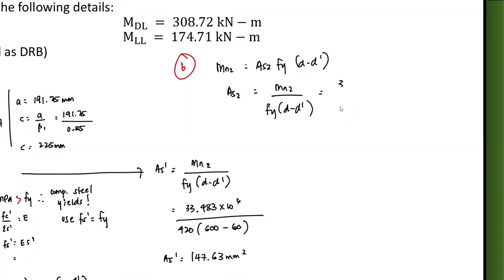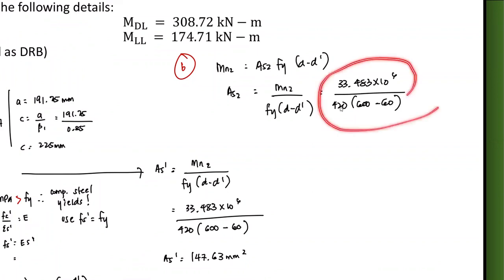So, we have the same value, 33.483 times 10 to the 6 all over 420, 600 minus 60. Okay? And mapapansin nyo, yung equation niya is the same nito. Kasi nga, nag-yield yung steel.